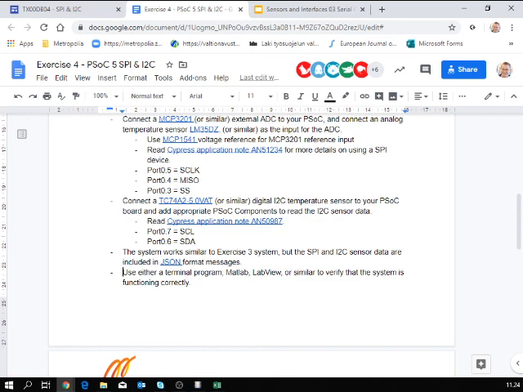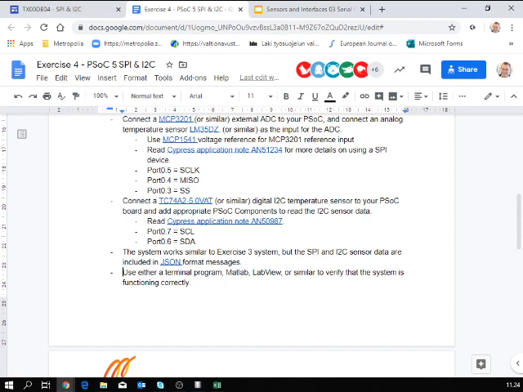And as a signal, you can then connect this analog sensor also to that one. So you still have a connection to the analog A to D converter of the PSoC, but also to this external A to D converter. Then you can compare which one is better.